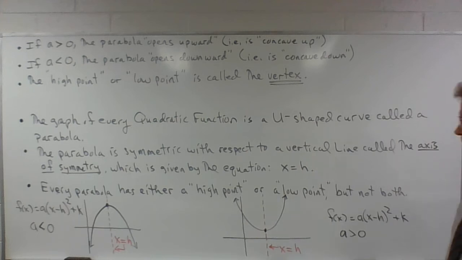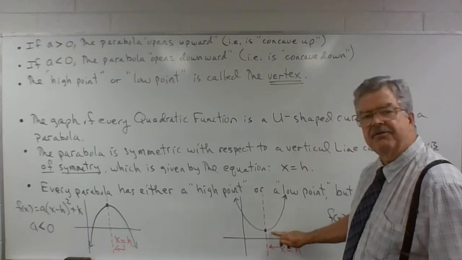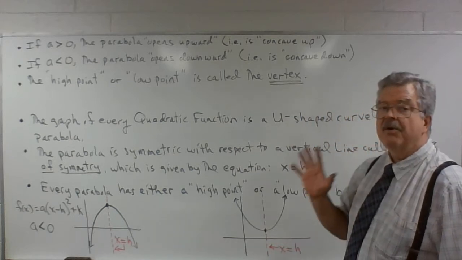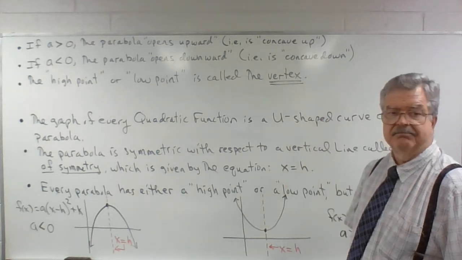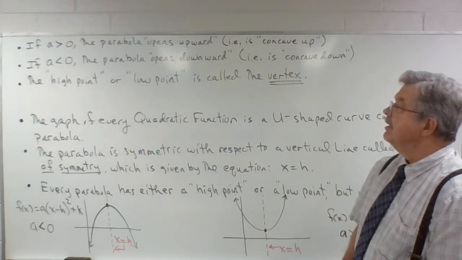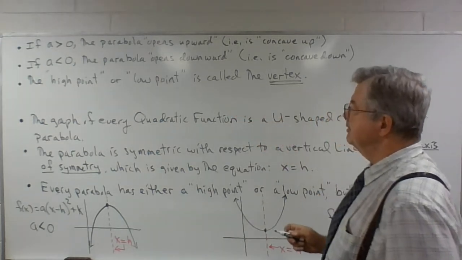And whether the graph has a high point or whether the graph has a low point, we call it the same thing. We call it a vertex. So the high point or the low point of a parabola is the vertex.